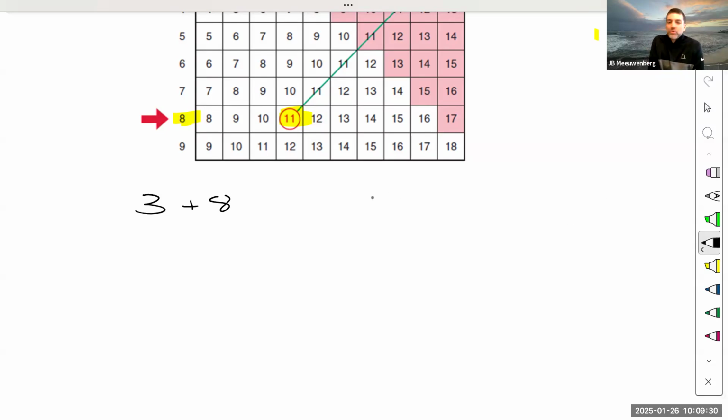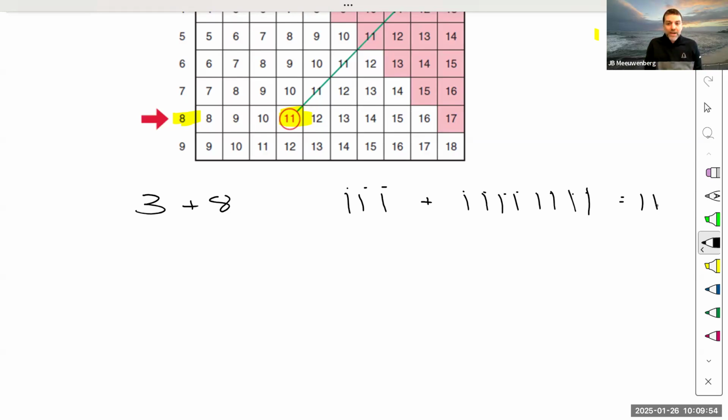One was counting all, right? So a student might say, okay, I know I have to take 3 things and add it to 8 things. And so they would just count them all. They would say 1, 2, 3, 4, 5, 6, 7, 8, 9, 10, 11. And that's how they would get their total.